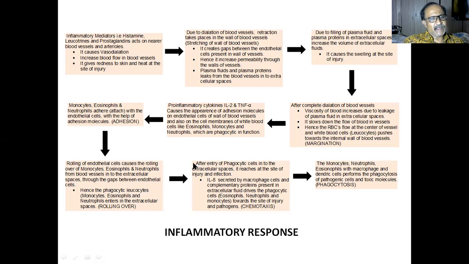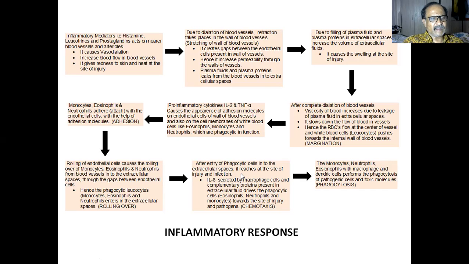Then next step, after entry of phagocytic cells into the extracellular spaces, they reach the site of injury and infection. These eosinophils, neutrophils and monocytes, the phagocytes, reach the site of injury, where there are pathogens.